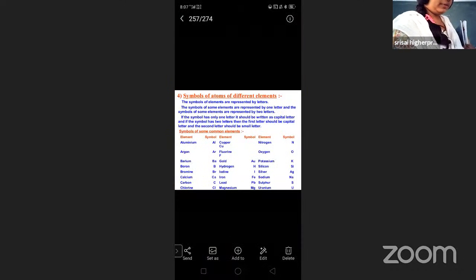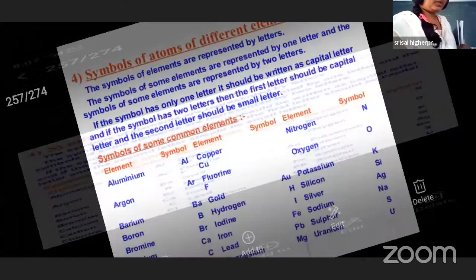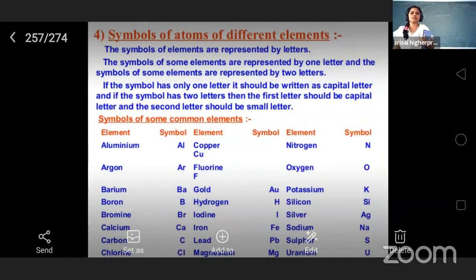So yesterday we discussed the symbols of atoms of different elements. We discussed aluminum, argon, barium, boron, bromine. These are some element names and symbols we discussed.